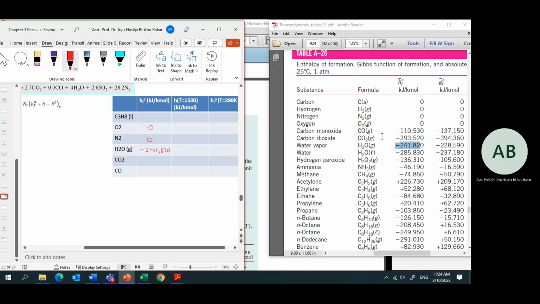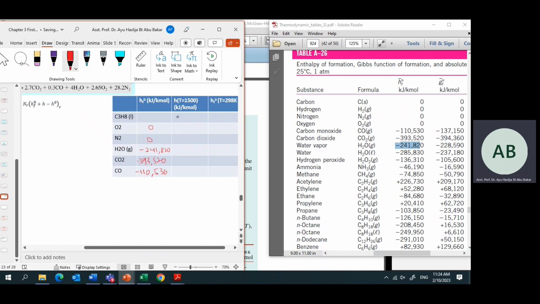CO2 HF is -393,520. CO is -110,530. Find out the info first.